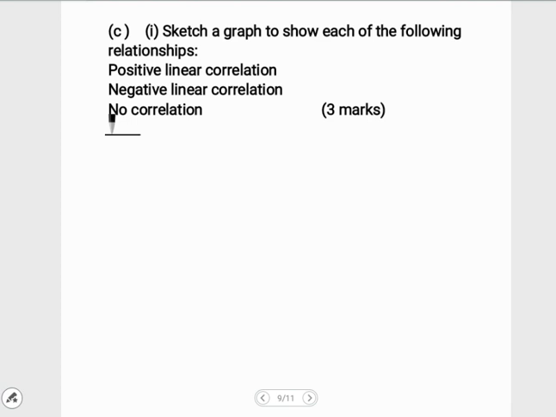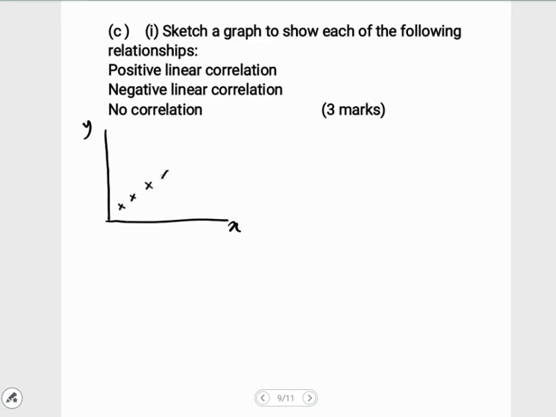We have the ordinates, which is the y-axis, then the abscissa, this is the x-axis. For us to have a positive linear correlation, we should have something of this nature.